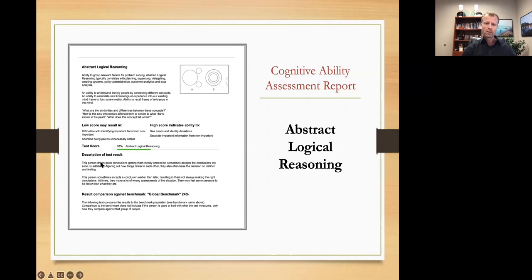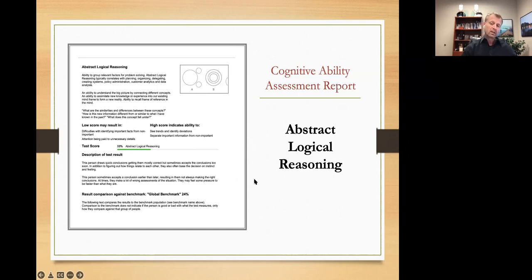And by the way, the report clearly defines what abstract logical reasoning is. And then in the middle, it will give you the score. Like I said, this individual received a score of 33%. And then we also identify what a low score and a high score indicate in terms of their ability.